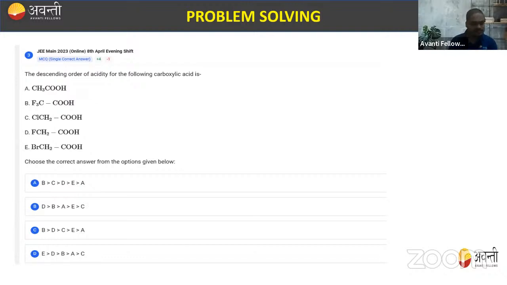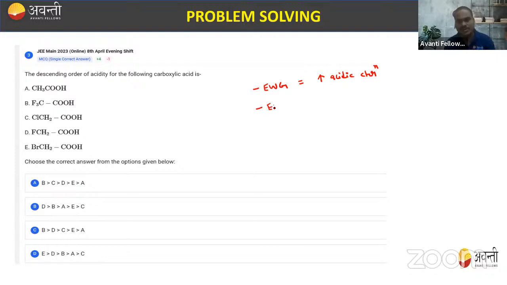The acidity of a carboxylic acid depends upon whether an electron withdrawing group is attached to it or not. Whenever an electron withdrawing group is attached, it always increases the acidic character, whether attached to the carboxylic acid or any carbon atom.